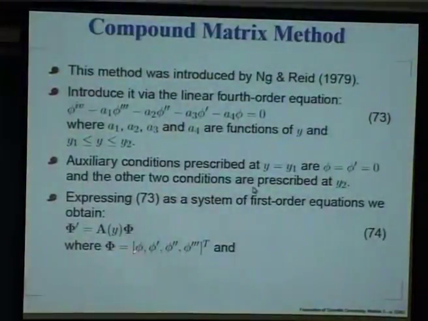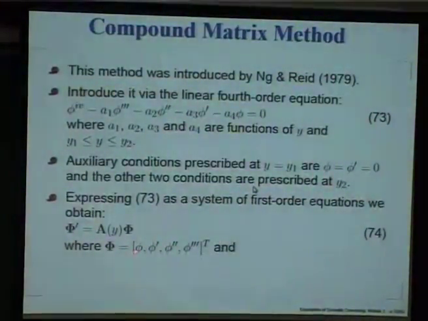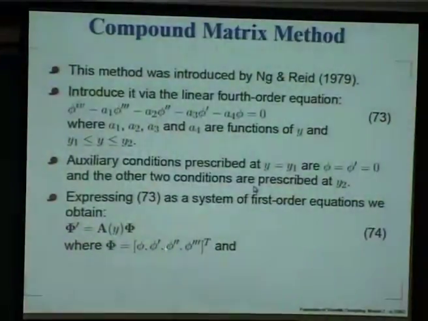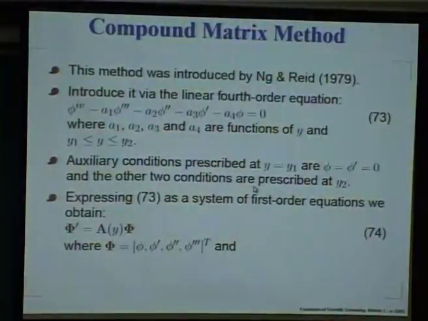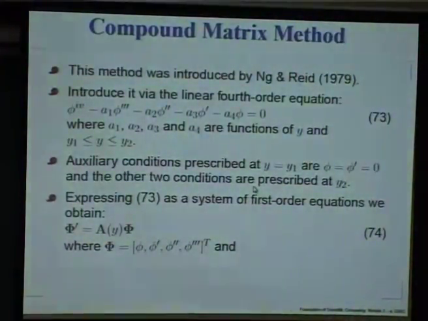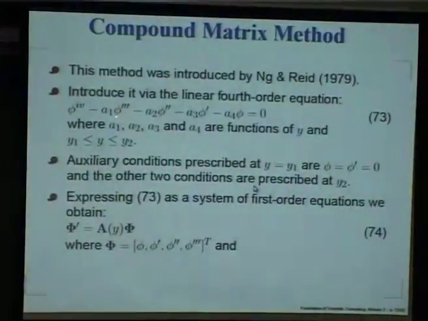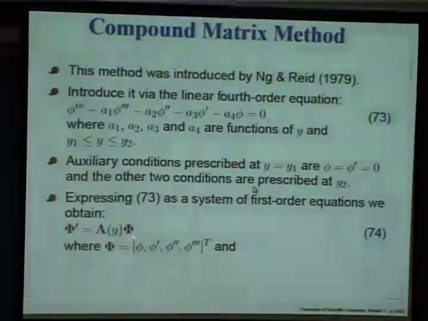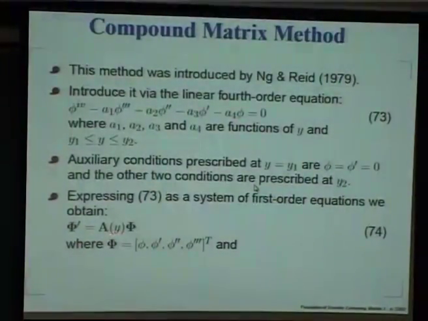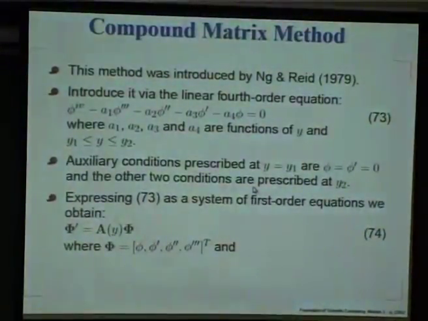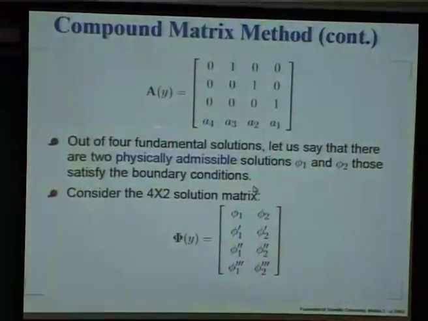So, we can define auxiliary variables like phi prime, phi double prime and phi triple prime. This gives you a fourth order system, and what you can do is convert this equation 73 into a linear algebraic equation. Phi prime is some A matrix times phi, and this is what you would get.